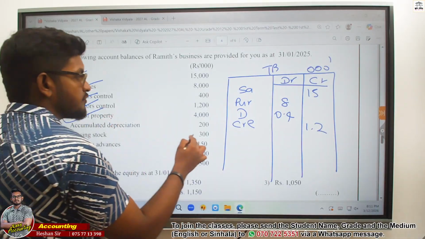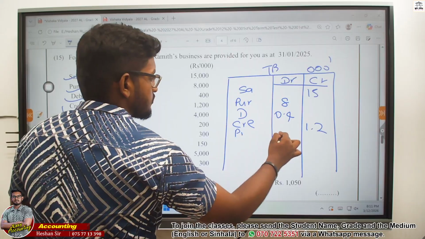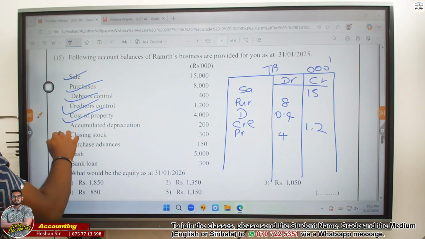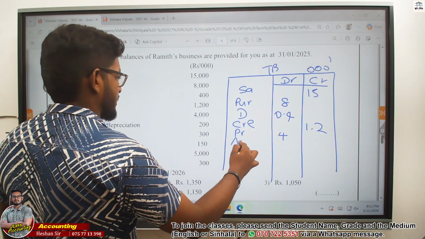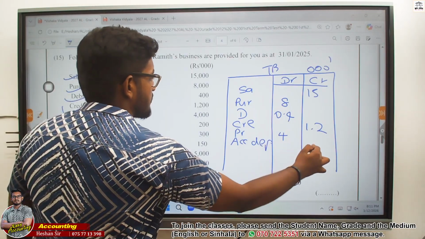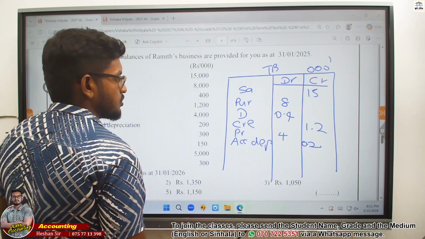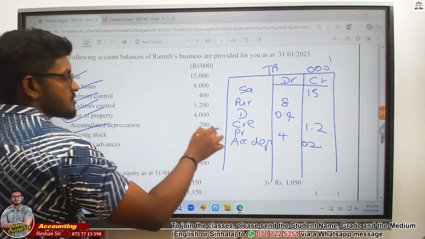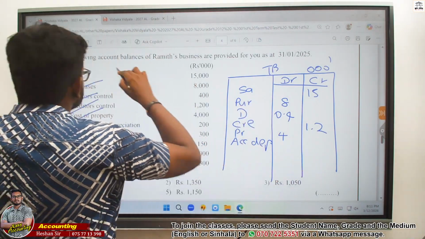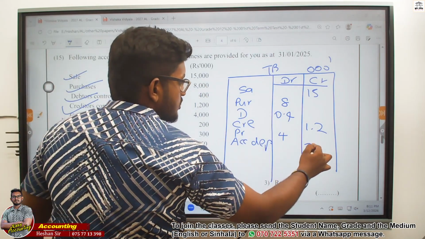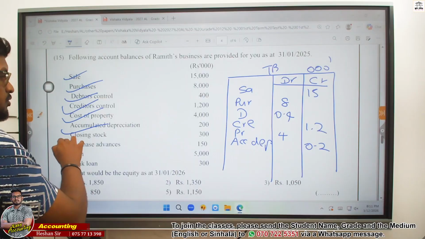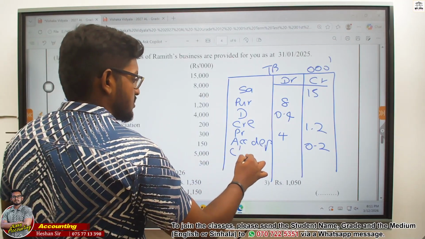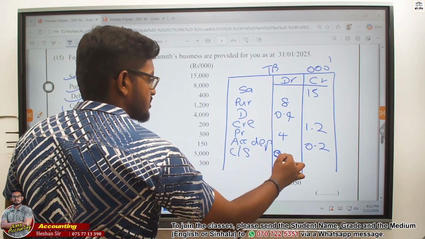Cost of property 4,000. Accumulated depreciation is a credit balance, 0.2. Then closing stock 300, 0.3.